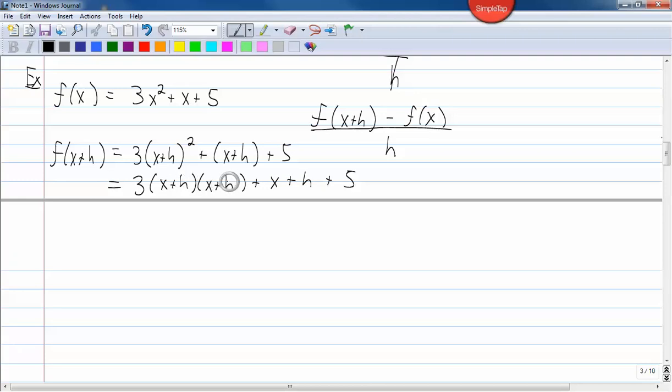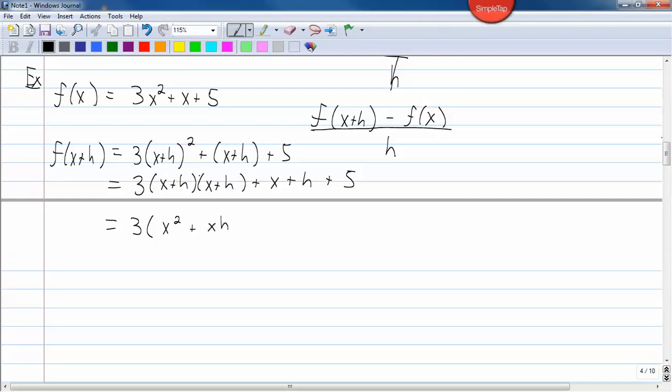Now I still have to simplify this, and I can't multiply anything in yet before I multiply my binomial times my binomial. And how do I multiply those two? I FOIL that out, right? So multiply the first terms. X times x is x squared. Multiply the outer terms. X times h will be a 1xh, right? X times h, they're both variables, so it's just 1xh.